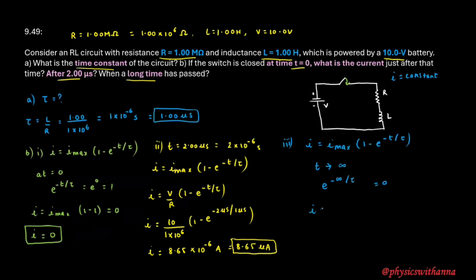So that gives you I to be equal to I max, which is V over R. V is 10 volt, R is 1 times 10 to the power 6, which is 1 mega ohm. That gives you the maximum current, or the current after a long time, to be equal to 10 times 10 to the power negative 6 ampere, or 10 microampere.